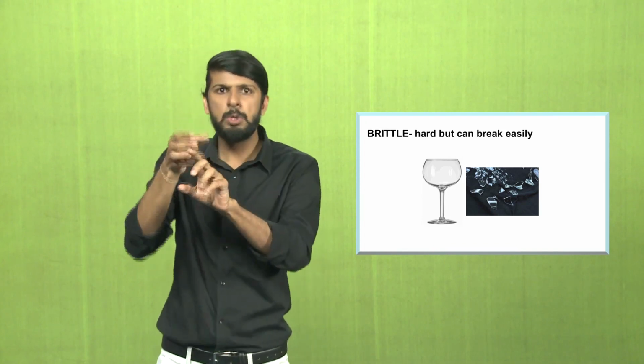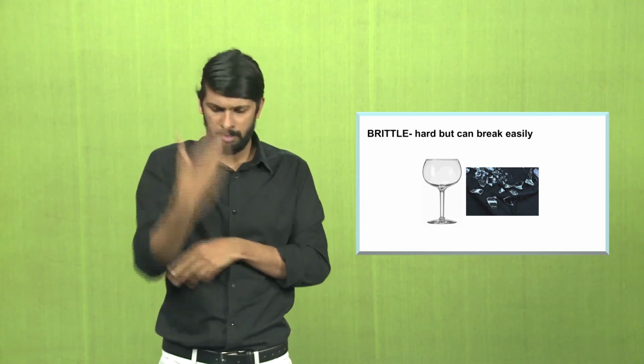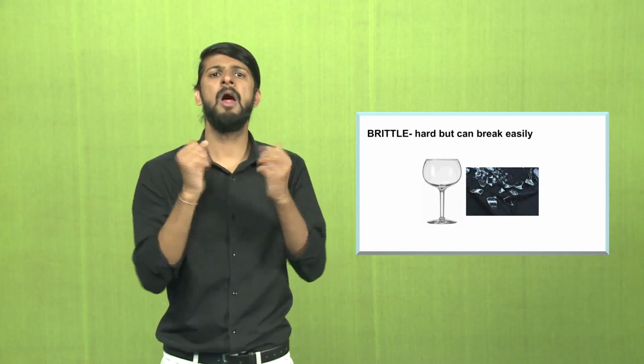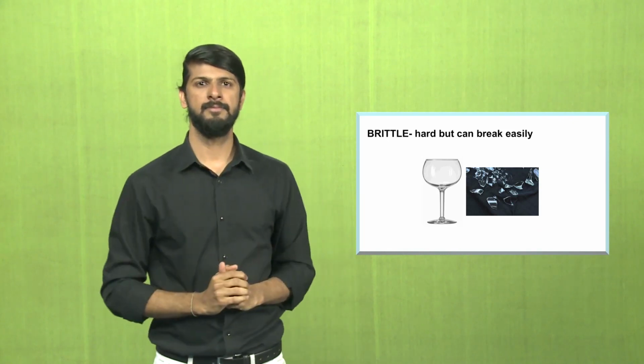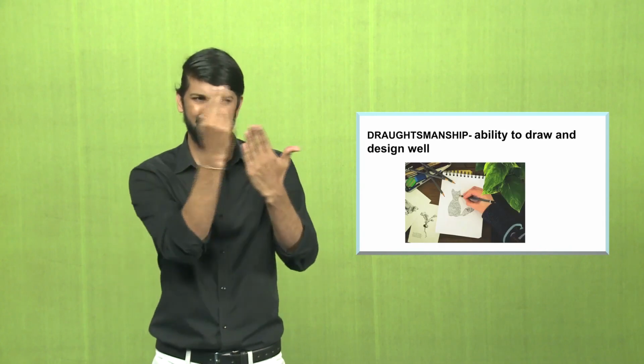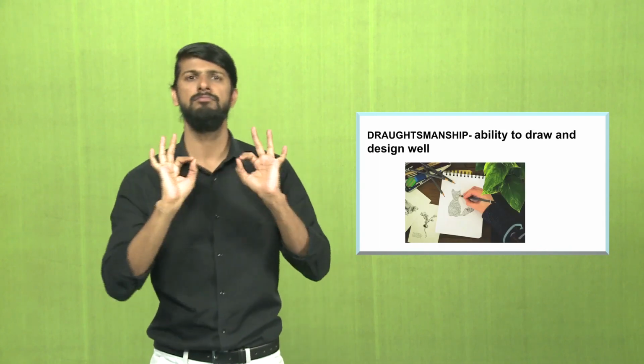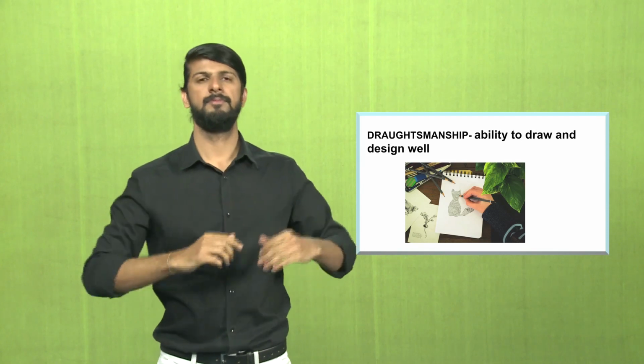Brittle is an object which is hard but can break easily. Draftsmanship is the ability to draw and design well.